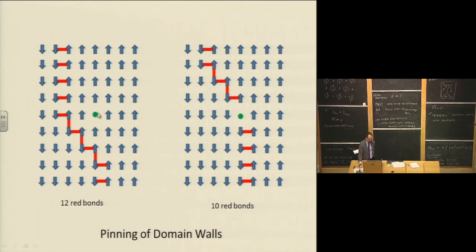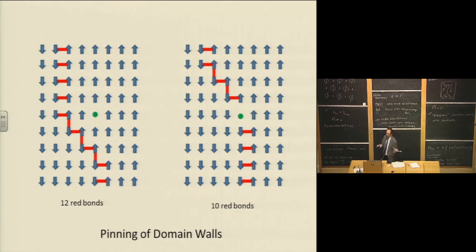Now, in this picture, there's a little green atom, which is supposed to be a defect, someplace where there's no spin at all. If you move the domain wall to a different position over here so that it goes through the defect, there are only 10 red bonds now, not 12. So the energy actually drops if the domain wall goes through the defect. It's a lower energy for domain walls to go through defects, so they want to stick on the defects. And that's how you pin a domain wall with some disorder.